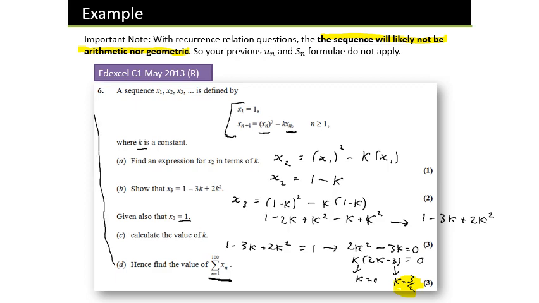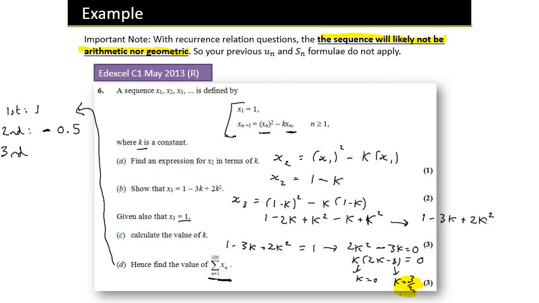We can't just use a formula here. We're going to need to do a little bit of thinking. So let's begin by thinking about what the first term of the sequence is. The first term is 1, we're told that. Then the second term, if you calculate that by up here, we know it's 1 minus k, and we know that k is 1.5, so the second term is minus 0.5 or minus a half.